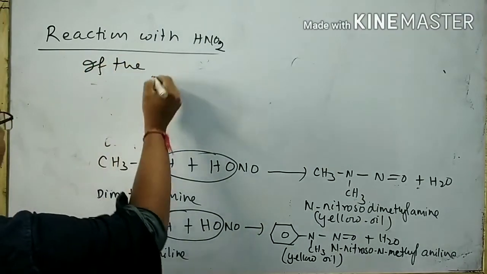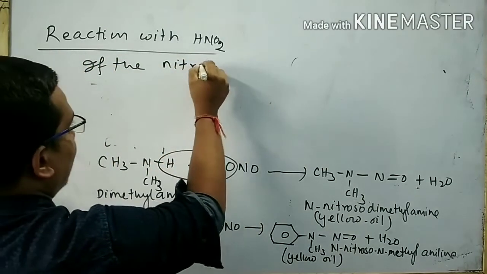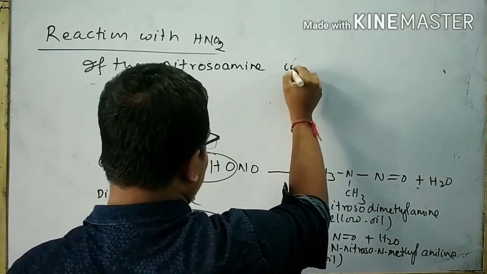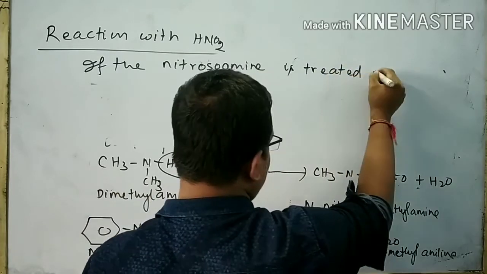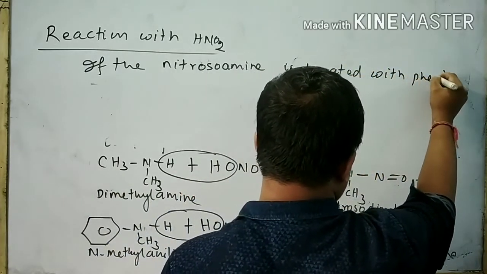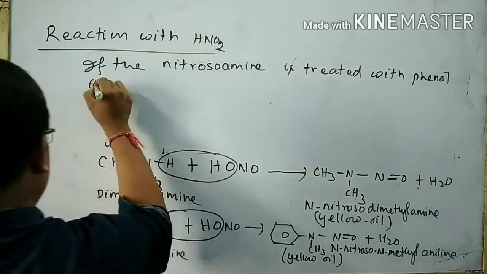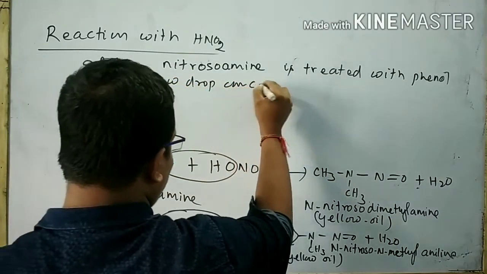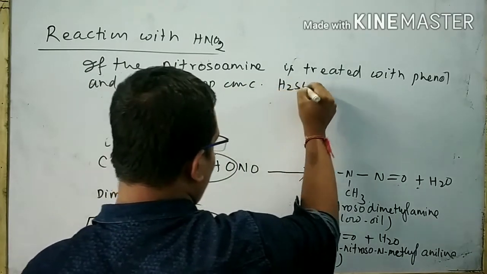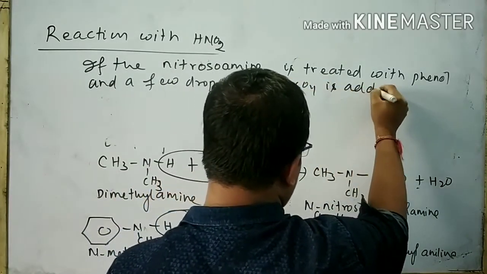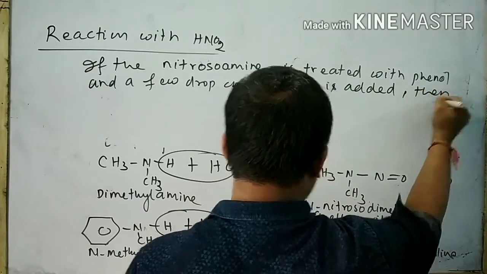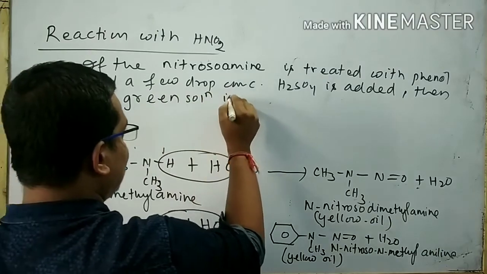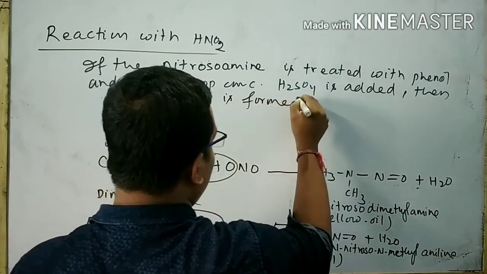If the nitrosamine is treated with phenol and a few drops of concentrated H2SO4 is added, then a green solution is formed.